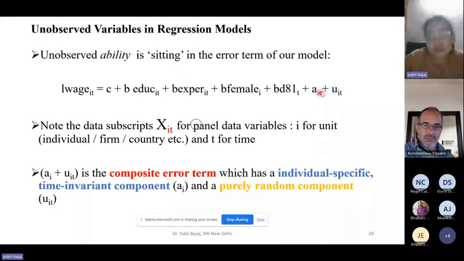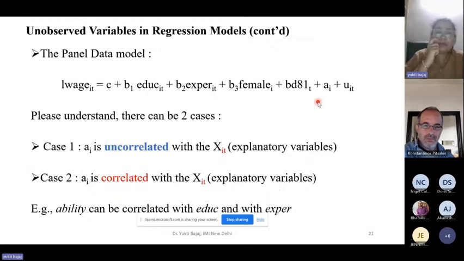So it is an individual specific, time invariant component. So far what we identified is that there could be unobservable factors. They are in the error term. What next? This model is again written in the same way as it was in the previous slide.